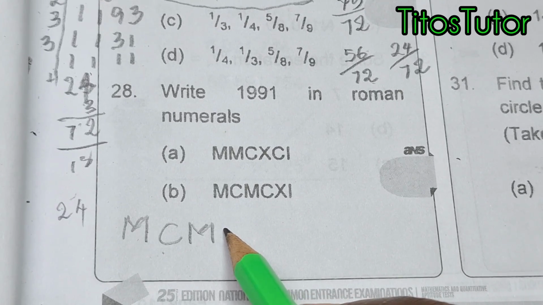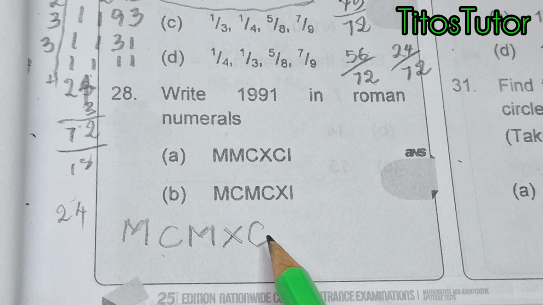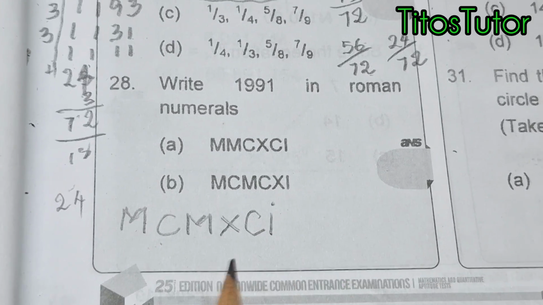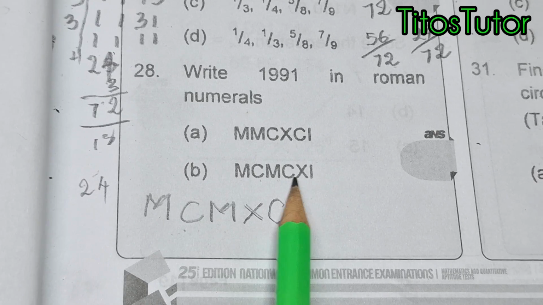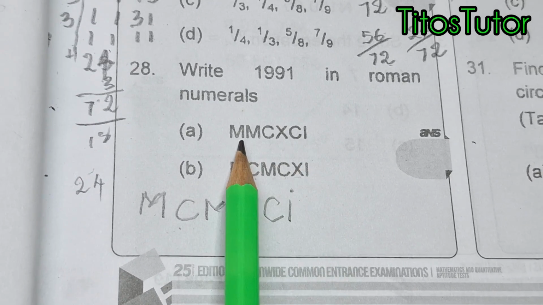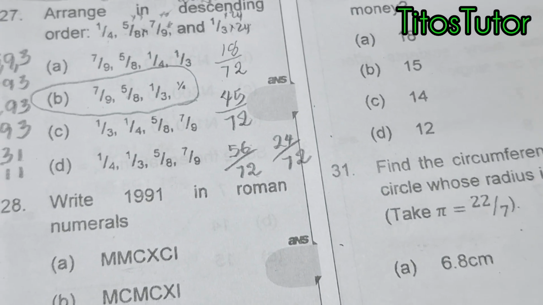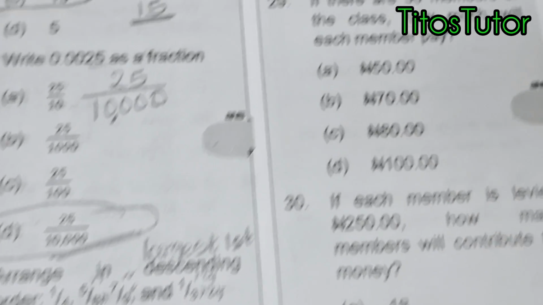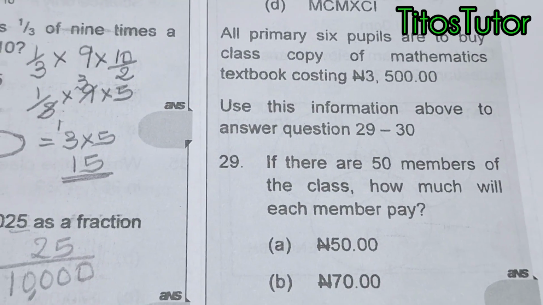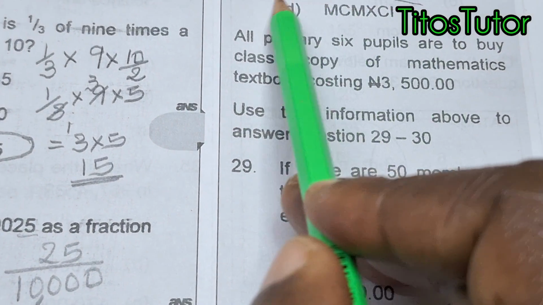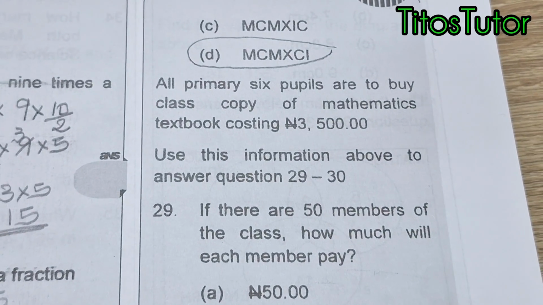Because it's minus, 10 comes first, then 100, then 91. 1 is just I. So final answer, MCM. No, this is not correct, so we keep going. Let's look for the answer. MCMXCI. Final answer is D, and we are done.